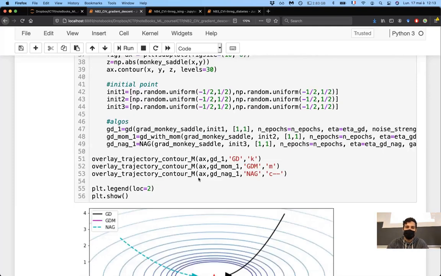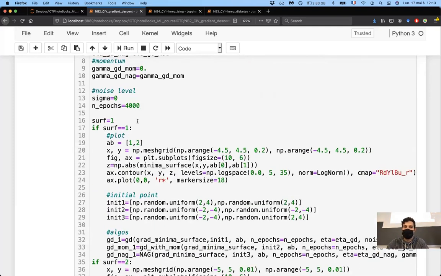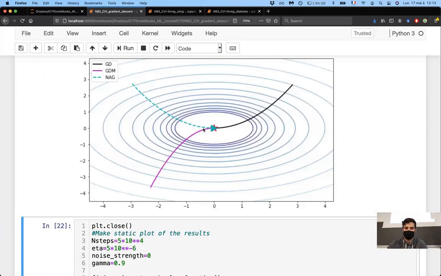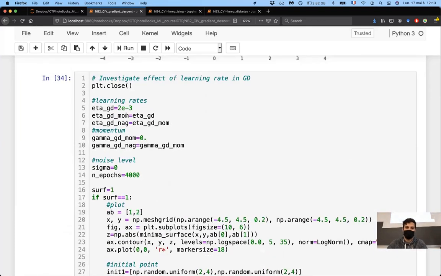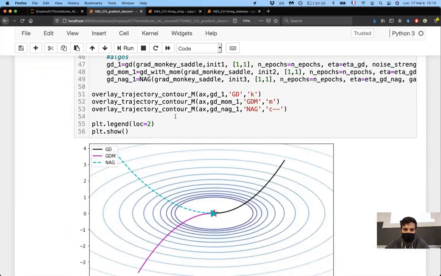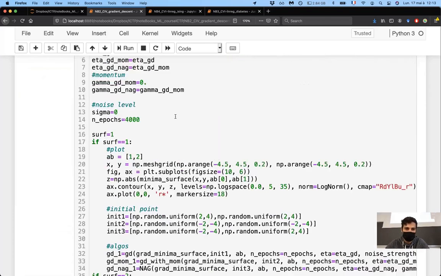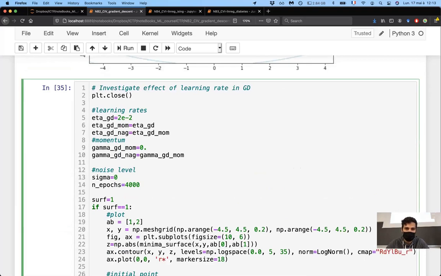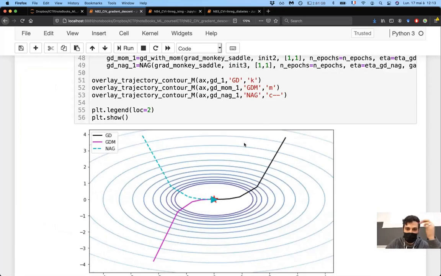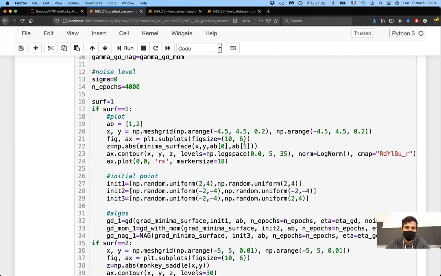And if I increase too much the learning rate, which is already small, but let's say 2 times 10 to the minus 3, it's still converging, we're fine. Let's make it higher, let's see. No problem. Let's be a bit more extreme. I don't know when it starts to be problematic. It's okay, it still converges.